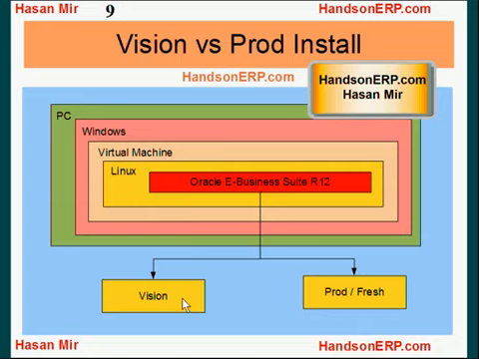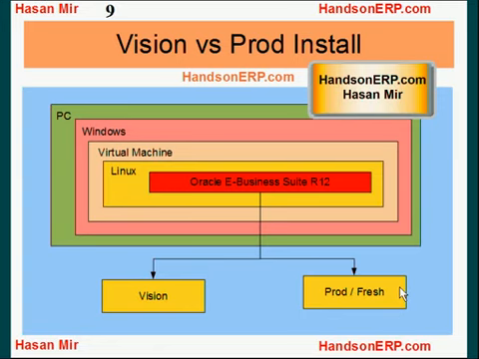Now what people forget is the purpose of Vision distribution is to evaluate an already implemented system. Its purpose is not to make you learn Oracle applications. The best way to learn Oracle applications is on a fresh installation, also known as production installation.